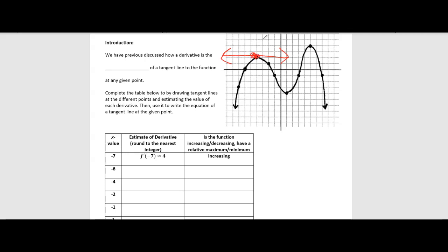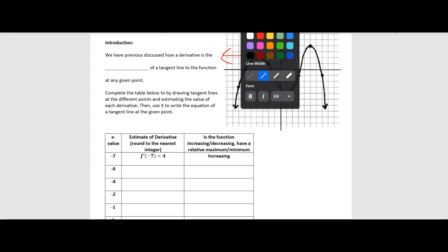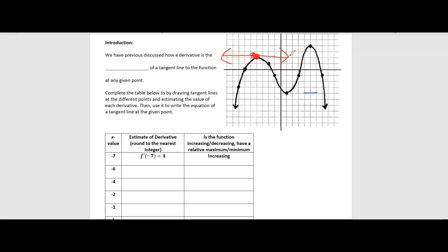So think about how you could know when the function had a relative max, because we can't just say when the derivative equals 0, because in red, the function had a relative max when the derivative was equal to 0. But down here in blue, the function had a relative minimum when the derivative equals 0. So think about, there's some other piece we have to put in there to determine whether the function is going to have a relative min or relative max when the derivative equals 0.